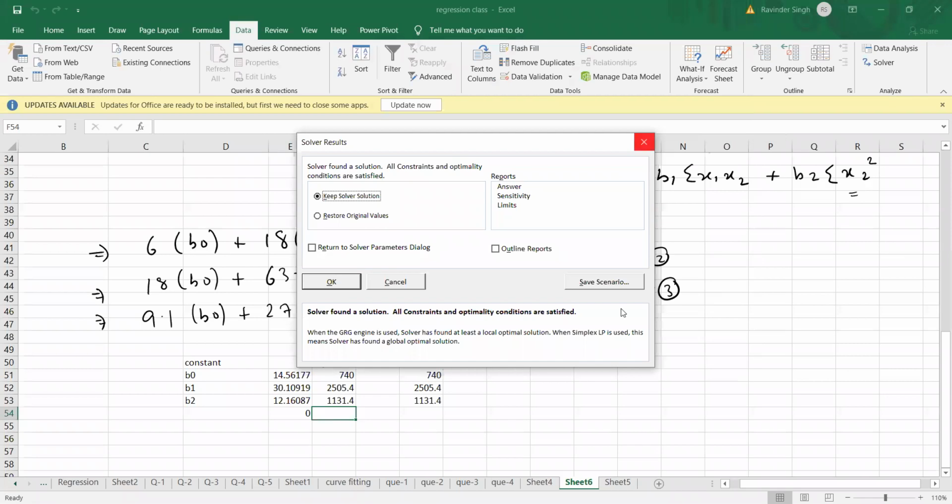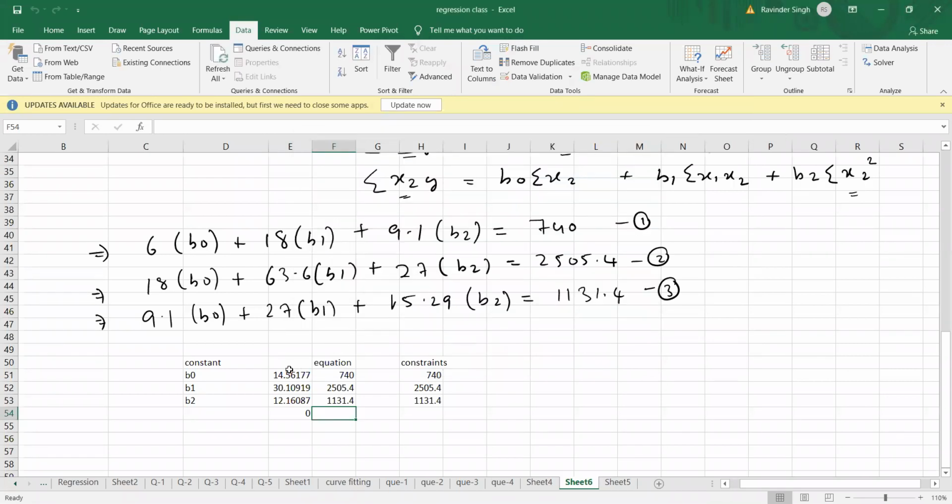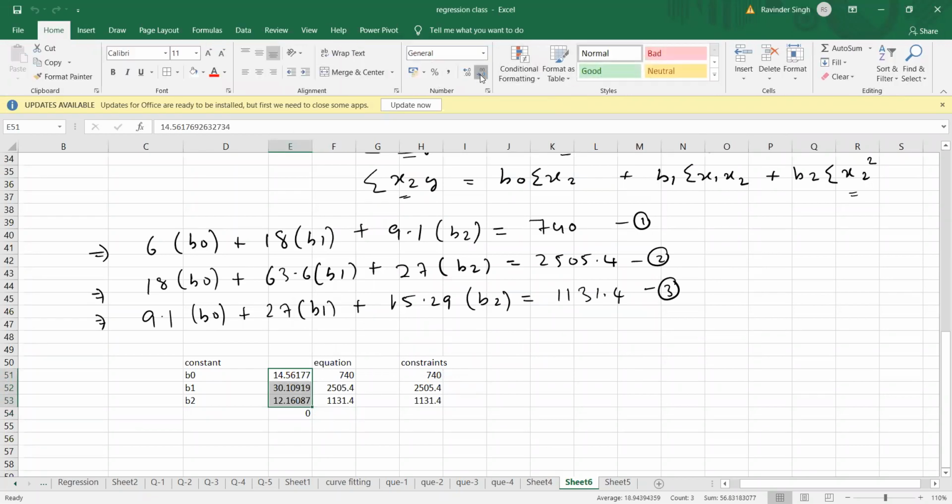So we have got the values of b naught, b1, b2. Those who have done with the calculator can please verify.